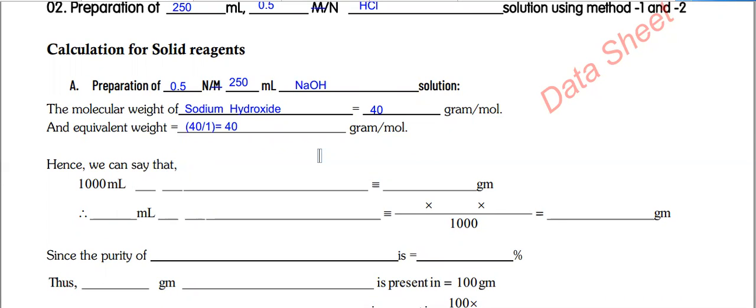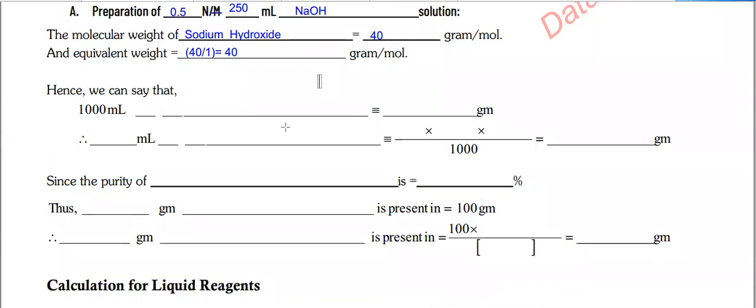Now come to the chemical formula. From our mathematical formula, we know that 1000 ml, 1 normal, 1000 ml. This is an underline. This underline will contain only one entity, and that is 1. And this is another underline.